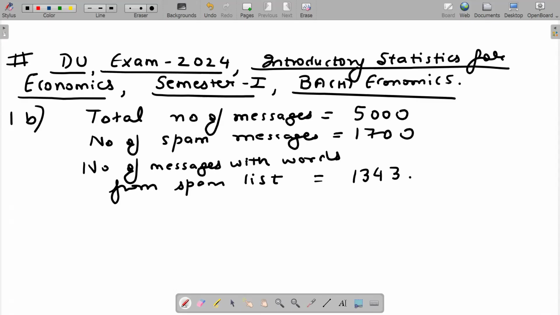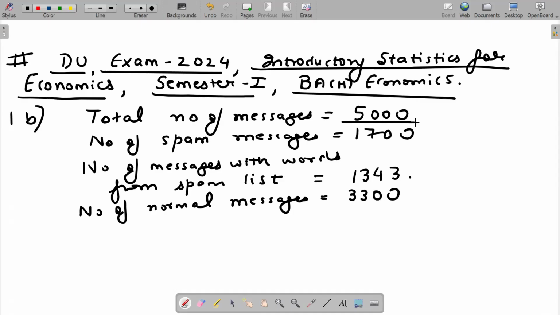And how many normal messages do we have? Total number of normal messages are 3,300. That means 5,000 is my total number of messages. Out of 5,000, 1,700 are spam and 3,300 are normal messages.